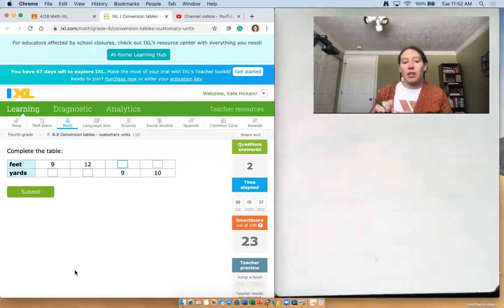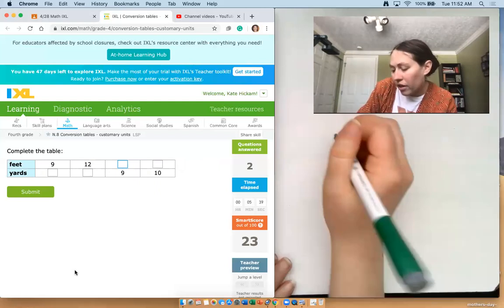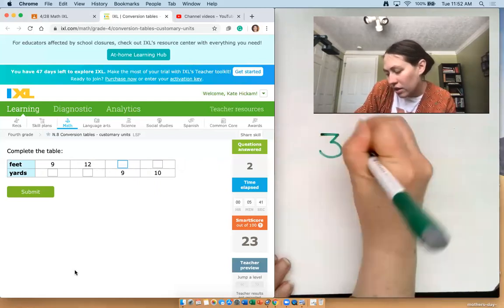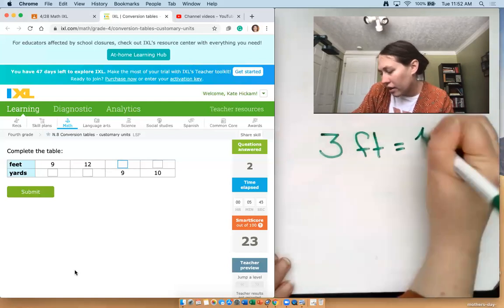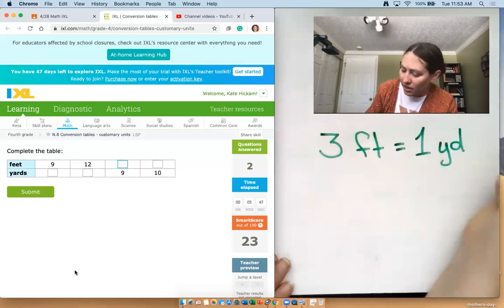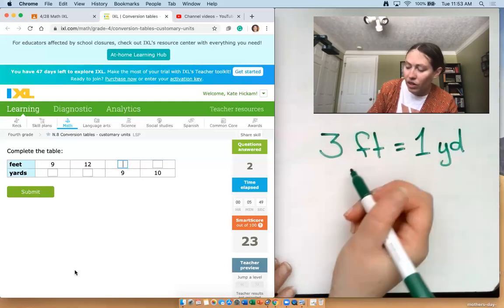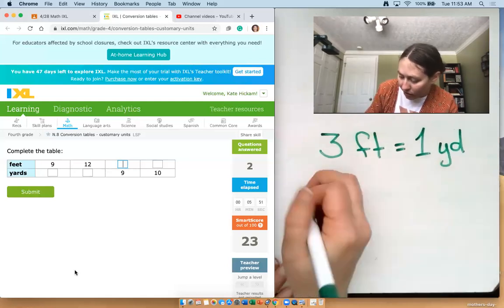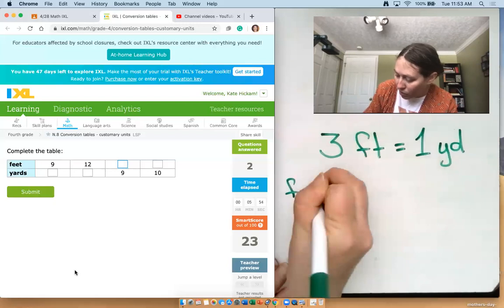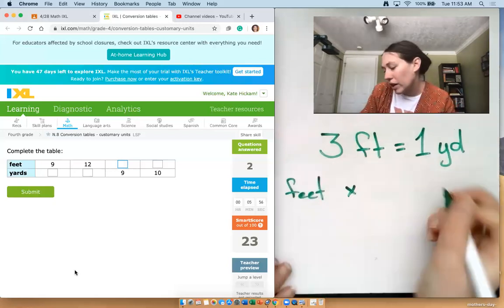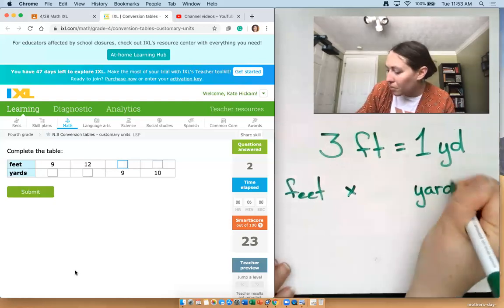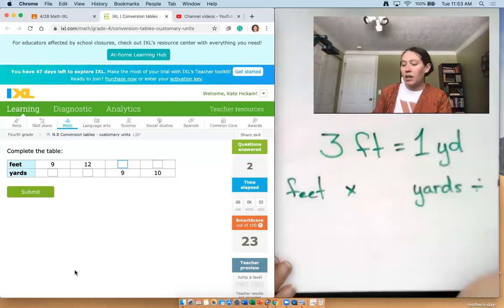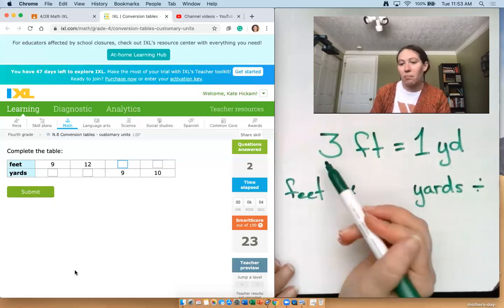and yards. Remember, there are 3 feet equal 1 yard, which means since feet is bigger, if I'm looking for feet, I'm going to multiply. If I'm looking for yards, I'm going to divide. Because notice feet is a bigger number than yards.